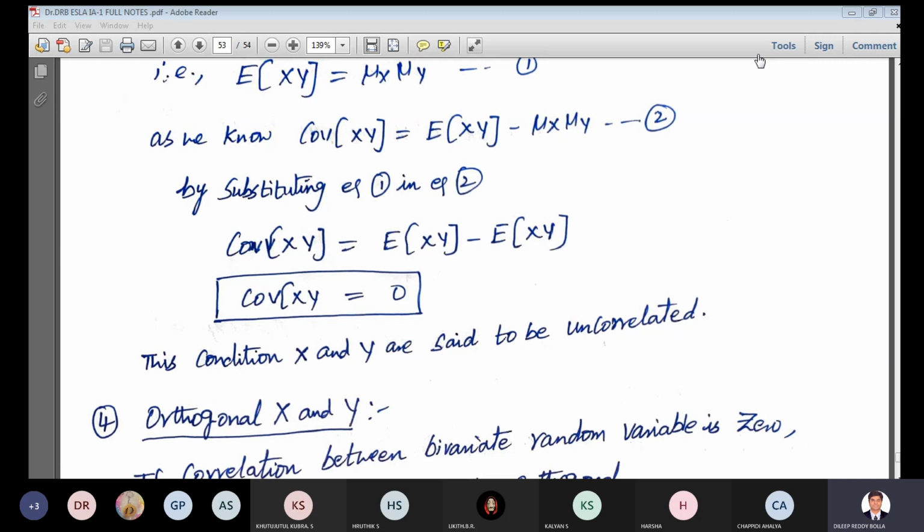Girija, Likith, Harsha, Kendra, Dhanush, Anusha. Any doubts you have, please ask me, or else you can leave the meeting.